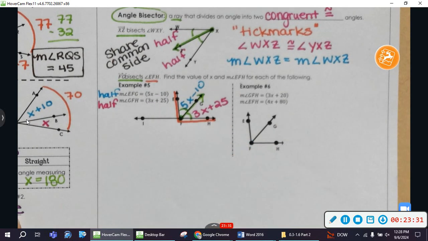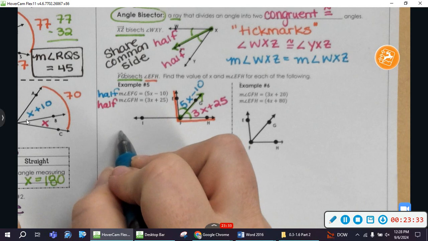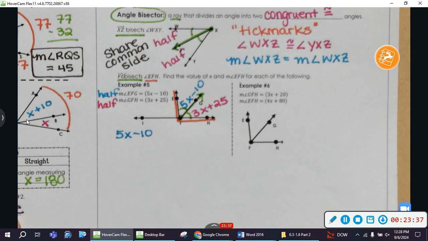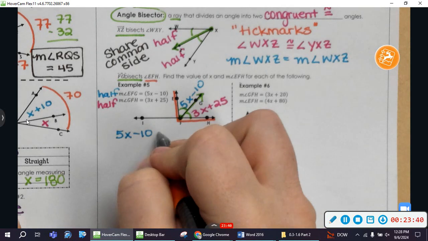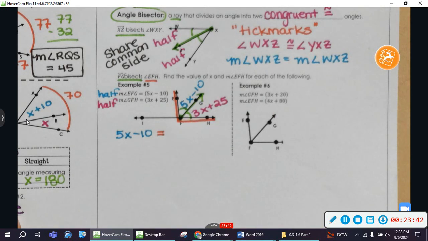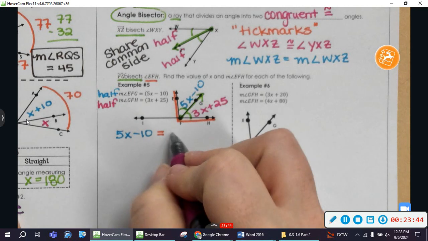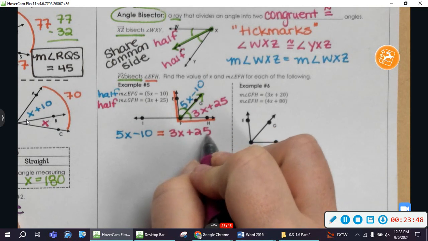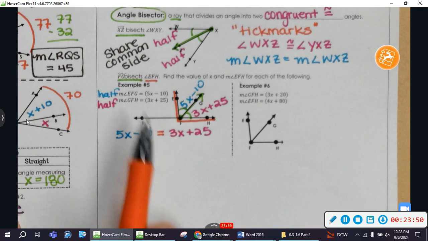So our equation would say that 5x minus 10 is the exact same measure as our 3x plus 25. Because they are bisected, they are congruent.